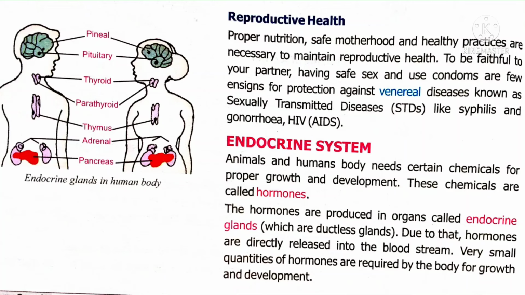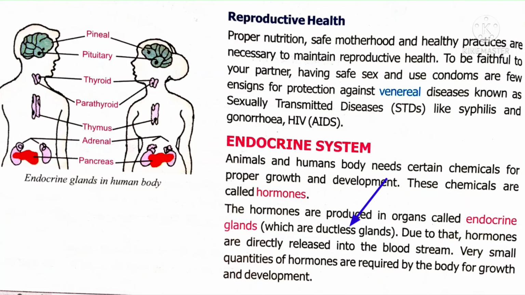They don't have a tube-like structure; their secretion will not pass through a tube. They pour their hormones directly into the blood. So this is called an endocrine gland. An endocrine gland is a ductless gland.